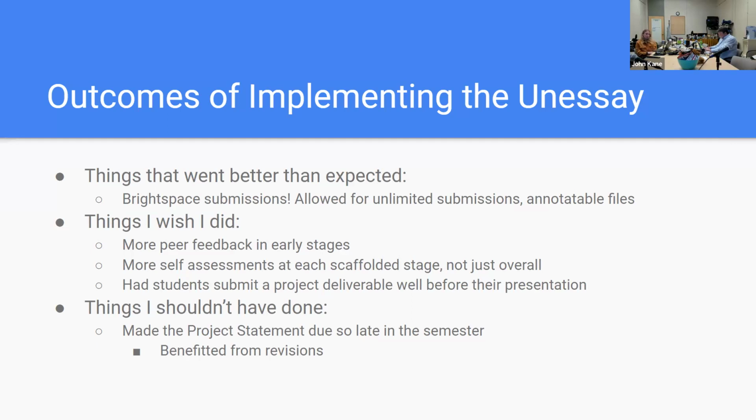Things I wish I did a little bit better, and I did this a little bit more in the death penalty class, was to incorporate more peer feedback in the early stages. I had them do some peer feedback in the seminar course, in the later stages of their project.